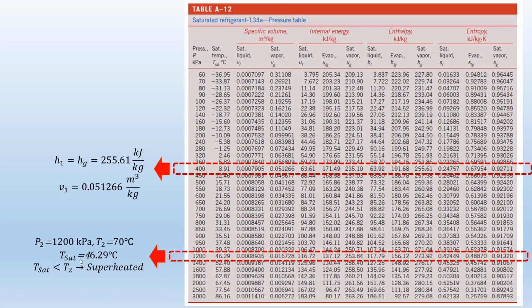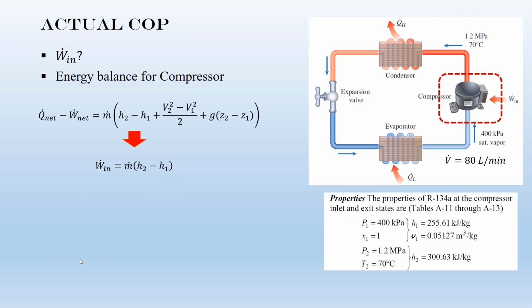Correct? Because this is superheated fluid, you need to use the superheated table for refrigerant-134a to find the enthalpy, H2. I use the table, and H2 is 300.63 kilojoules per kilogram.